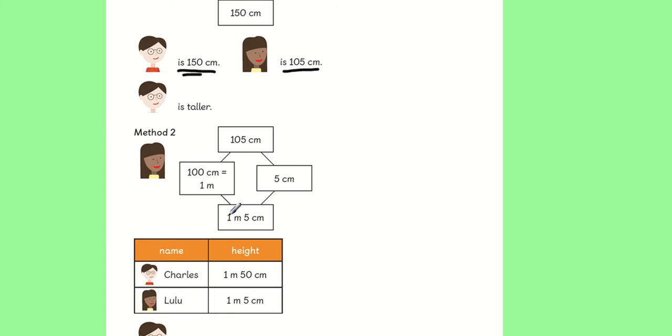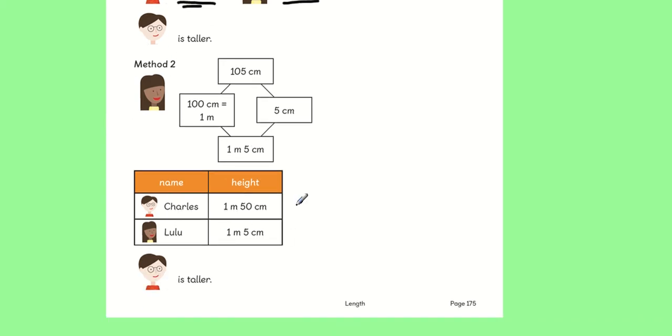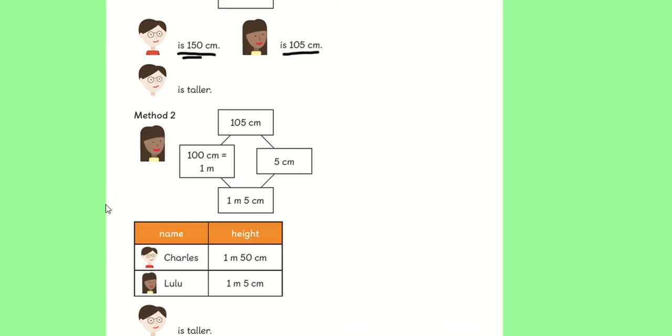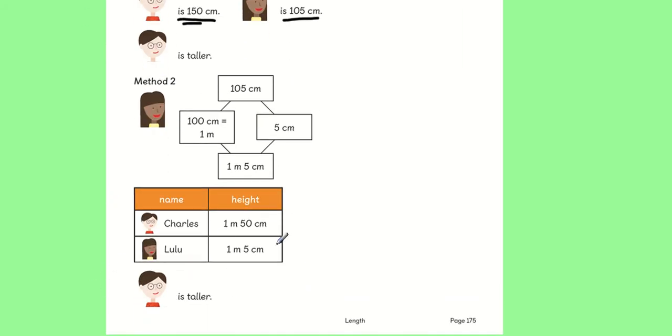So we've got 1 metre and 5 centimetres, and when we look at it in this table with Charles's height, he is 1 metre 50 centimetres, Lulu is 1 metre 5 centimetres. We know that Charles is taller. They've both got 1 metre, but Charles has 50 centimetres, whereas Lulu only has 5. So we've worked out that Charles is taller by converting the measurements so they're written in the same way.